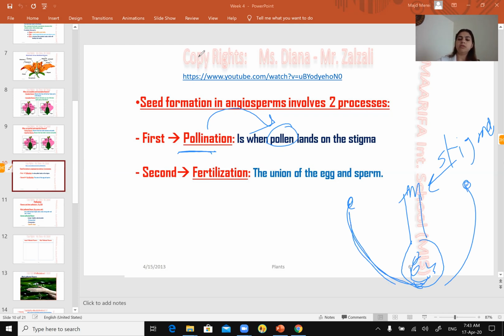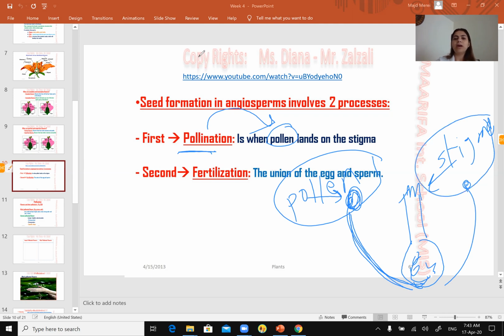Filament, this long thread-like structure, and the anther that has pollen. Pollination is when pollen lands on a stigma. This is the meaning of pollination.